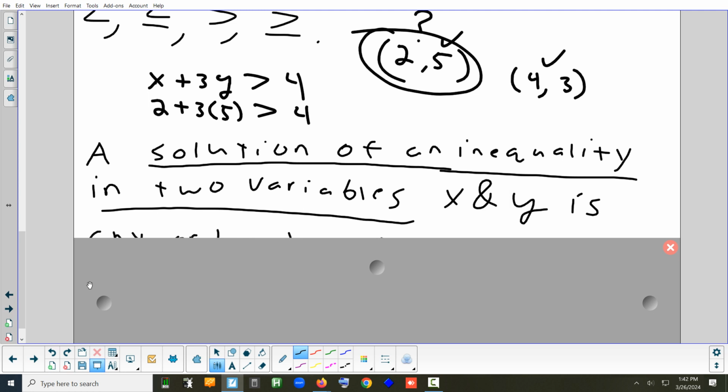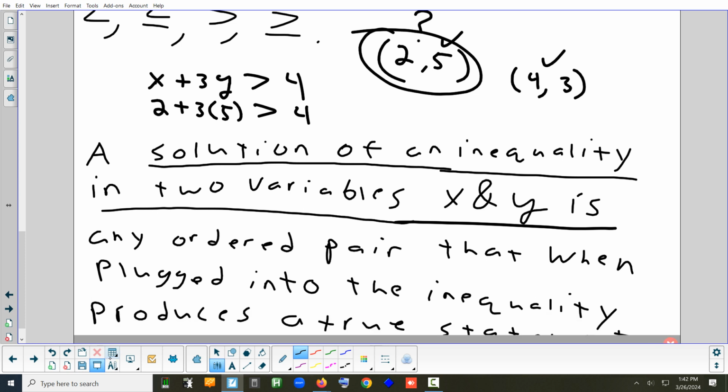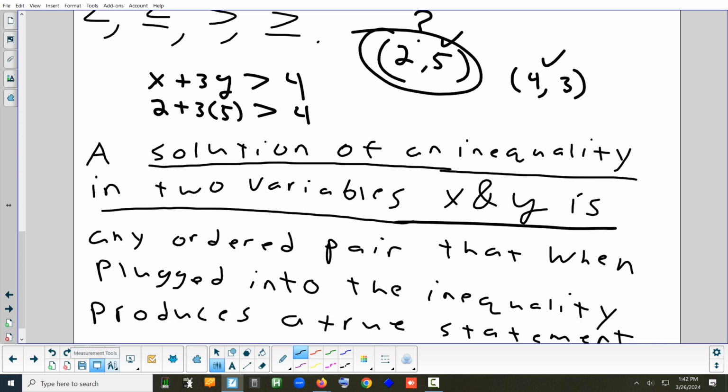So a solution of an inequality, and we're going to put this on the next line, just the part that's underlined. A solution of an inequality in two variables is any ordered pair that, when you plug it back in, you get a true statement. You're just writing down the part between the marks right here.